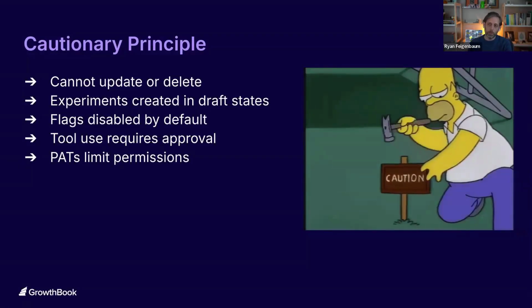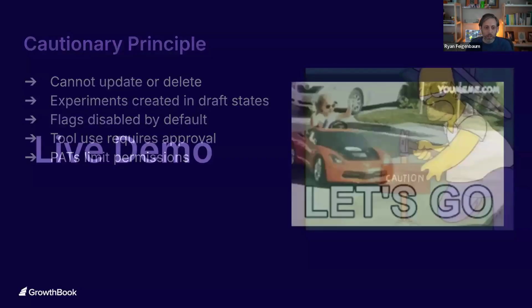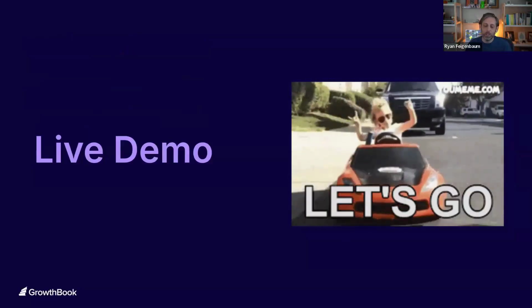But if you have different users, for instance, that can only see experiments but can't create experiments, they can use a PAT, a personal access token, and that will give them the same permissions with the MCP server. So they won't be able to create experiments, but they will be able to view experiments, for instance. That's just some of the approach we took when building the MCP server. With all of that out there, we can now get into the live demo.